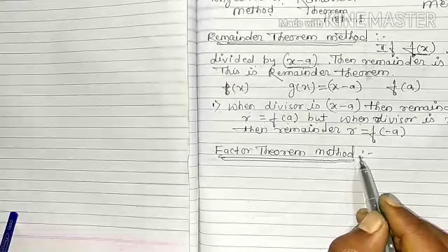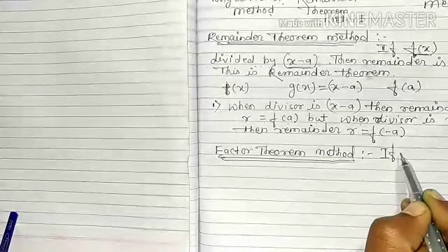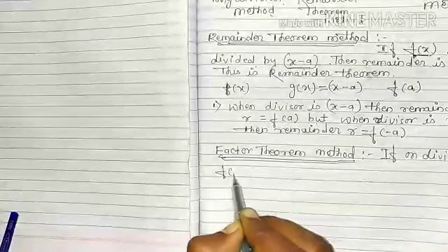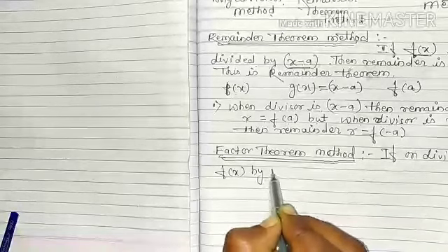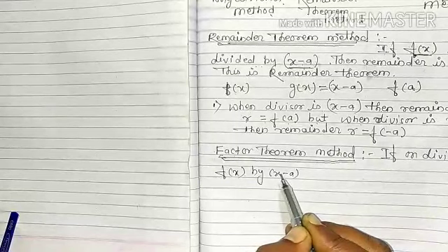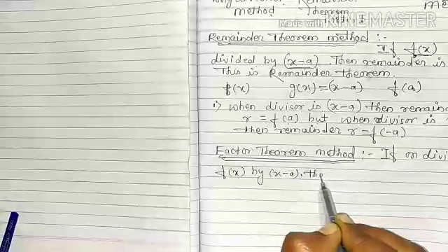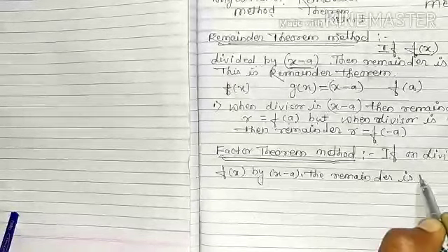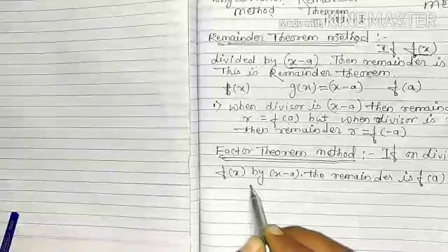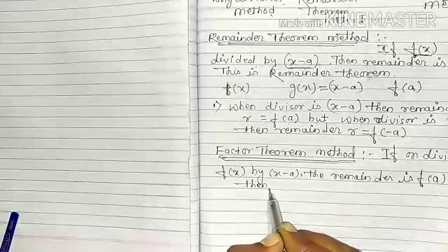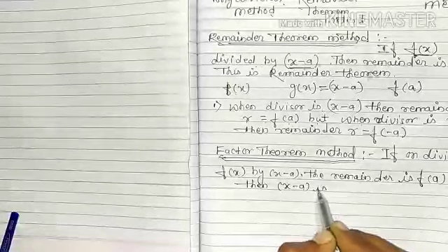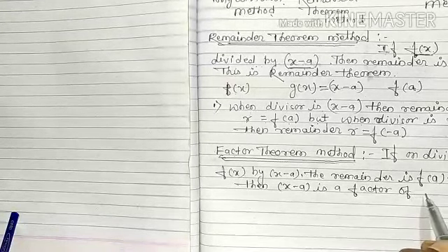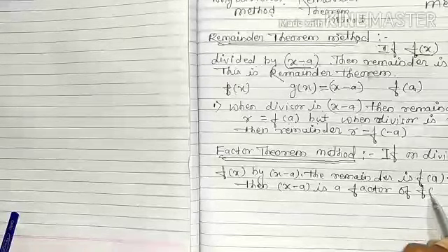Factor theorem method means if on dividing f(x), here f(x) is a polynomial, by x minus a, the remainder is f(a) equal to 0, then x minus a is a factor of f(x).